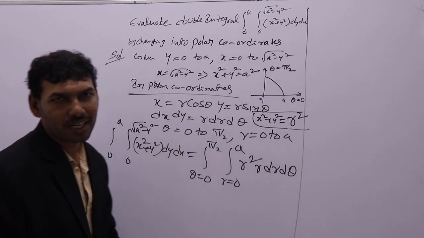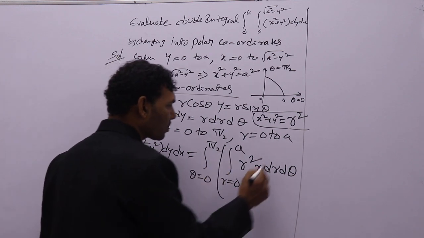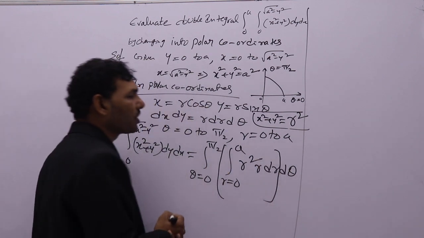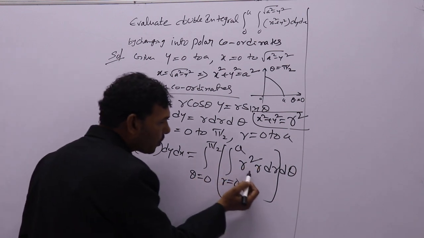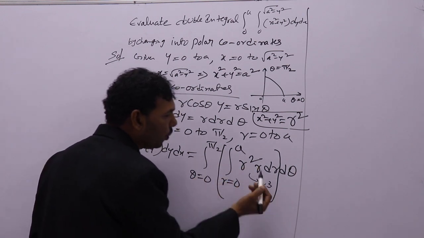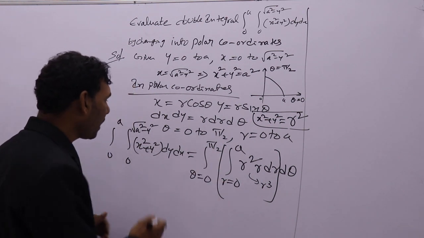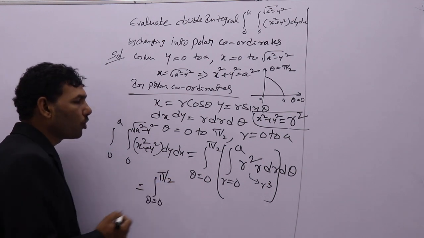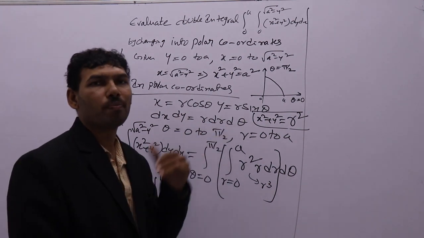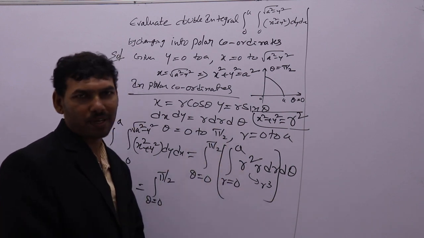Now the limits are constant, so one can evaluate in any order: first with respect to r, next with respect to theta. r square into r is r cube. Integral r cube is r power 4 by 4, since integral x power n is x power n plus 1 by n plus 1.